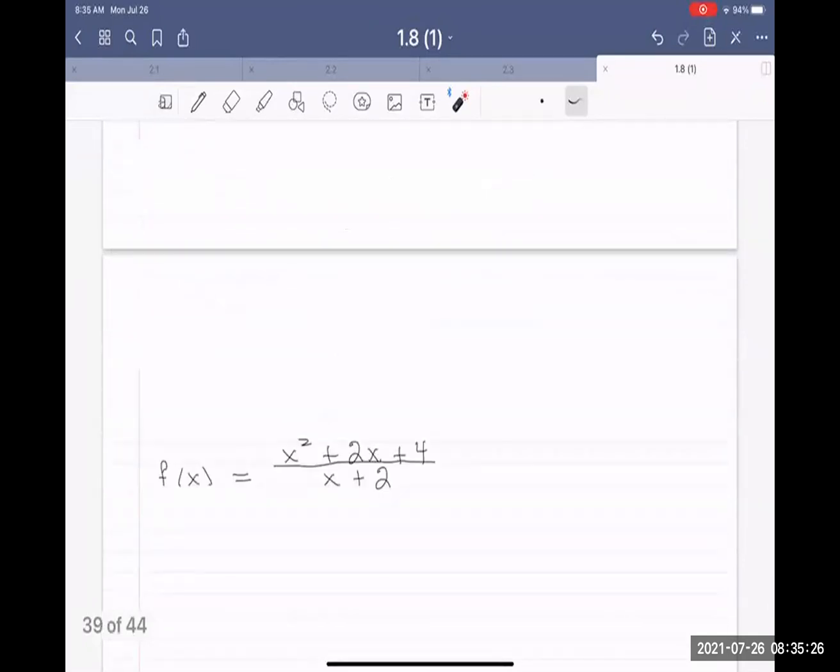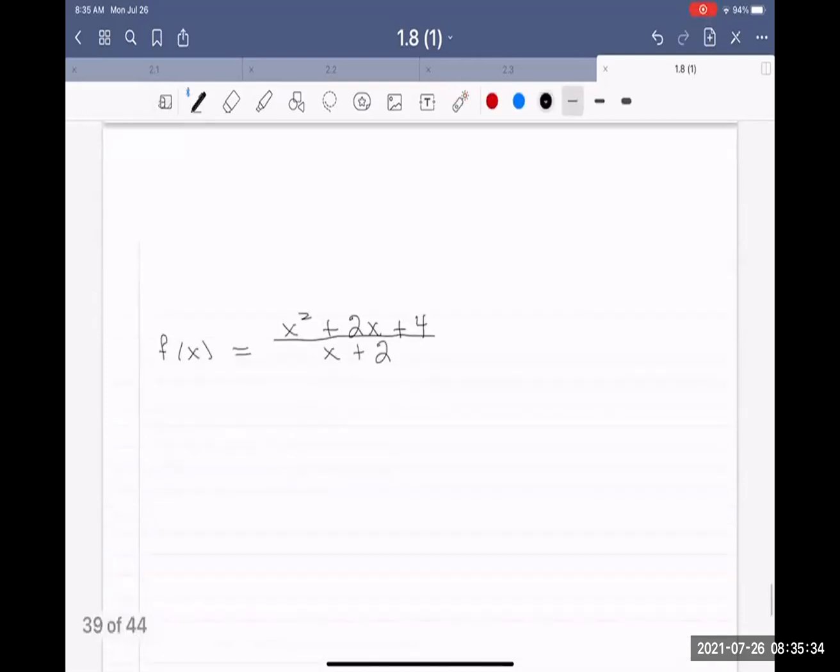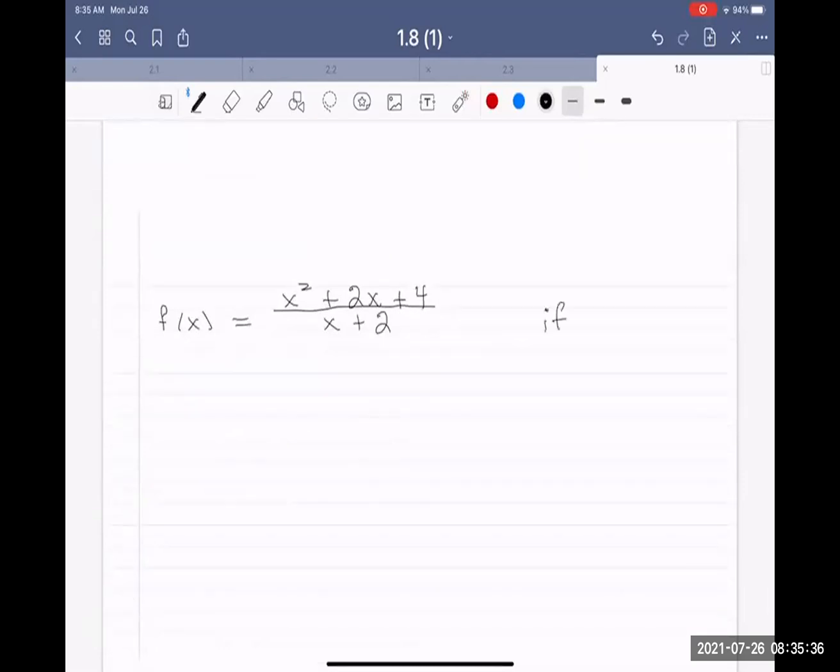And so if you look here, this statement is true if x is not equal to 2. If I let x equal 2, then I will actually have removed my discontinuity.